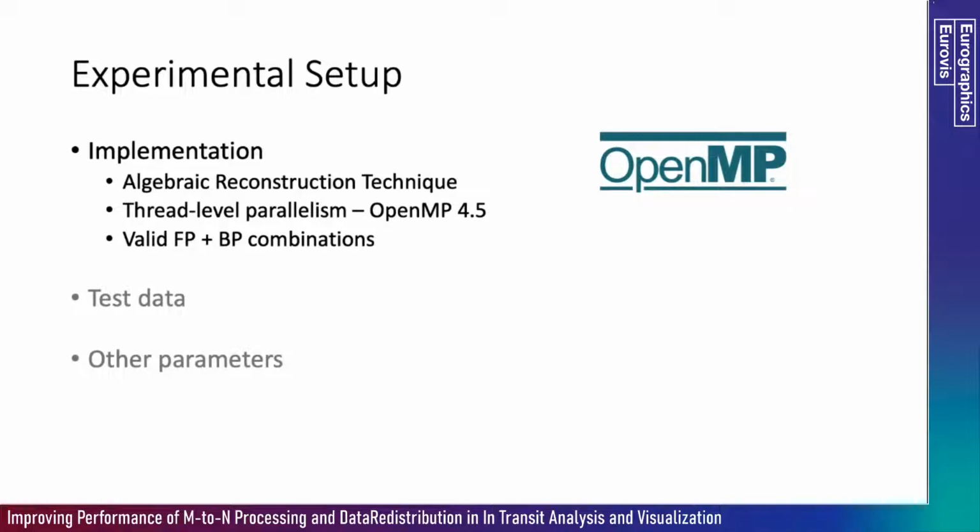The strategies we explore could leverage other expressions of parallelism, maybe vector processing via SIMD operations, or even a hybrid vectorized threaded approach. But we focus on thread-level parallelism here. Also, we consider only valid combinations of the forward and back projection operations. For example, work group assignment and parallel back projection is combined with pixel spacing pre-passes in the forward projection step.